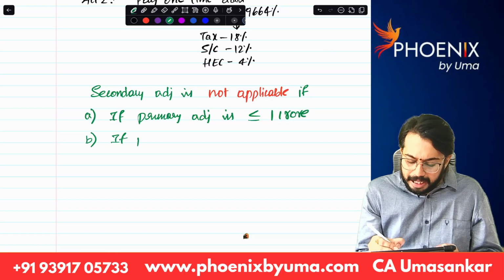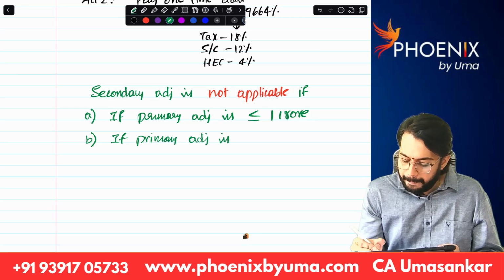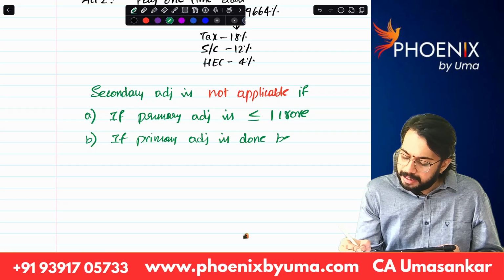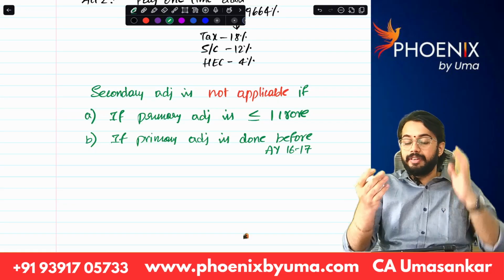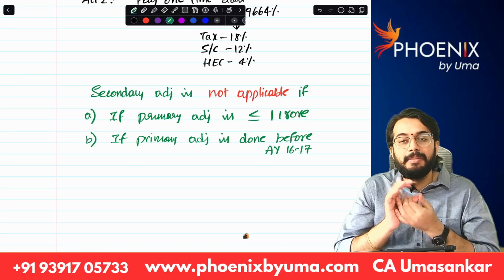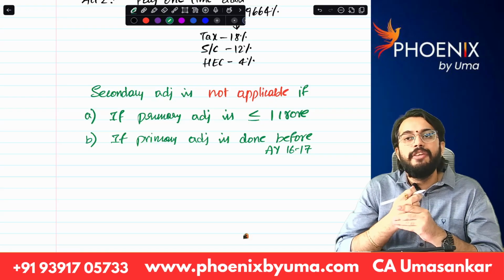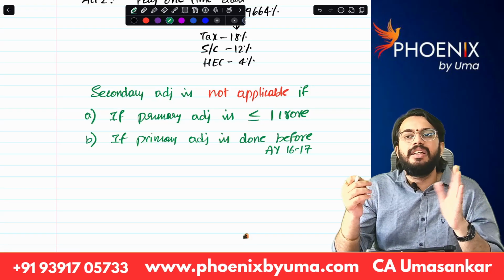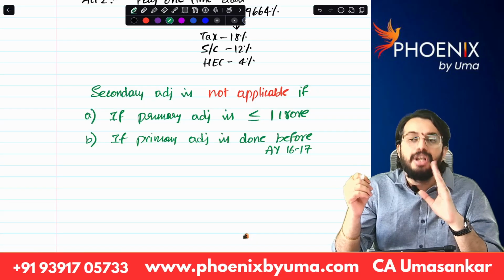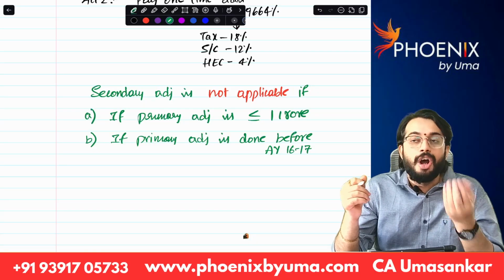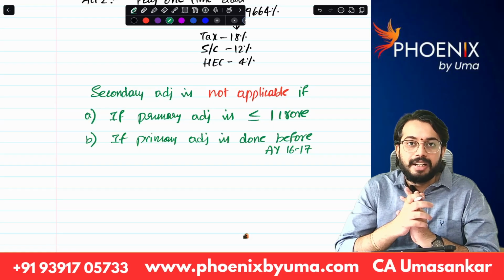Or if the primary adjustment is done before assessment year 16-17, because the concept of secondary adjustment is applicable from 16-17 onwards. So before assessment year 16-17, if you have done primary adjustment, then there is no concept of secondary adjustment. And after assessment year 16-17 also, if the primary adjustment is less than or equal to 1 crore, then there is no concept of secondary adjustment. Are you able to understand?